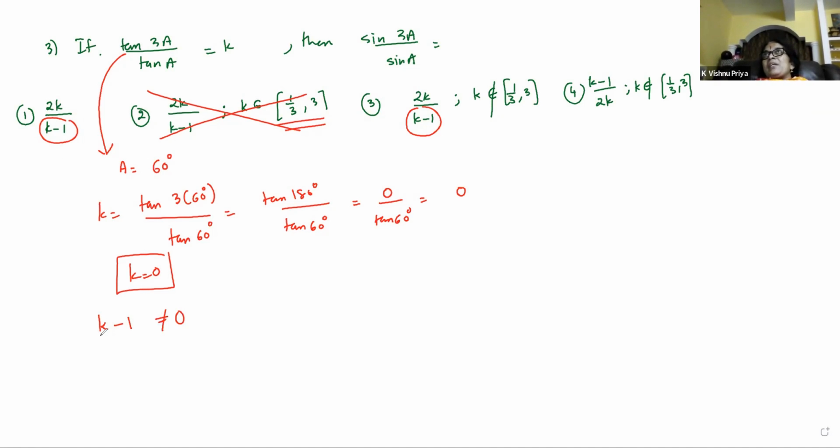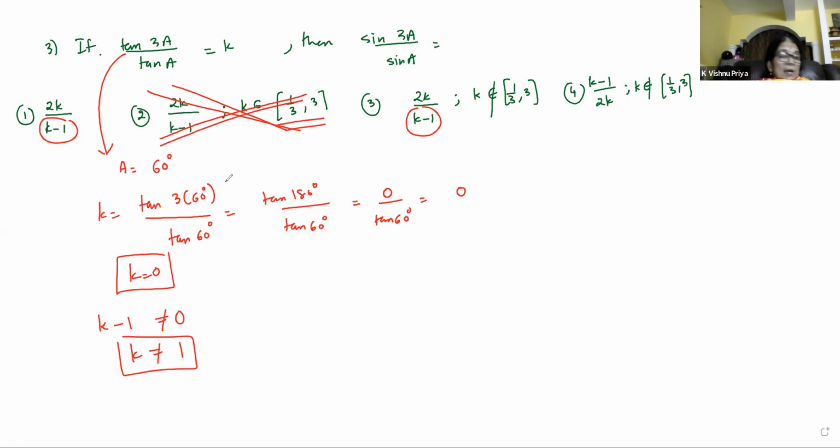The denominator cannot be 0, because if the denominator is 0, the answer will become undefined. That means k should not be equal to 1. This is another hint for us. In the second option, in the interval, k equal to 1 is there. 1 is in that interval. So I can't take the second option by this method.